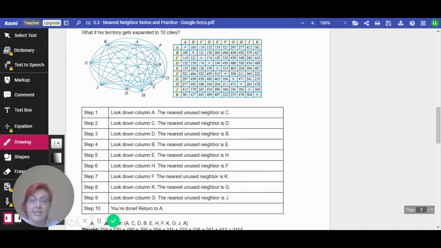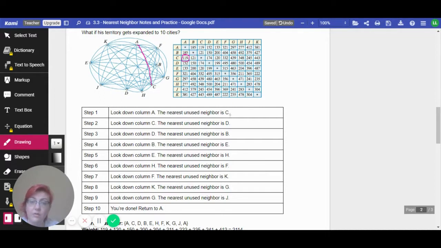I'm going to start at A. So we look down column A, and I see 119 right off the bat. 119 is pretty low. In fact, it is the lowest connector. So C is A's nearest neighbor.